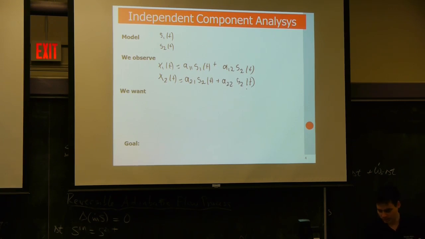This is what we observe, and we want, say for t from 1 to capital T, to estimate S1t and S2t.